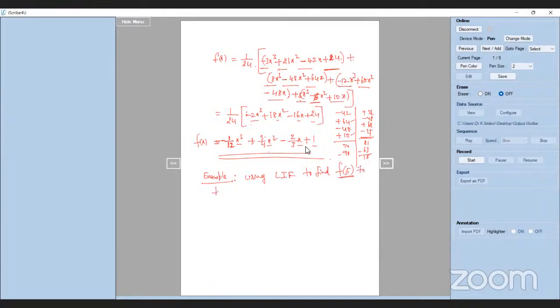To the following given data. X values, f of x values are given. So x values are 1, 3, 4, 6. f of x values are -3, 0, 30, 132.